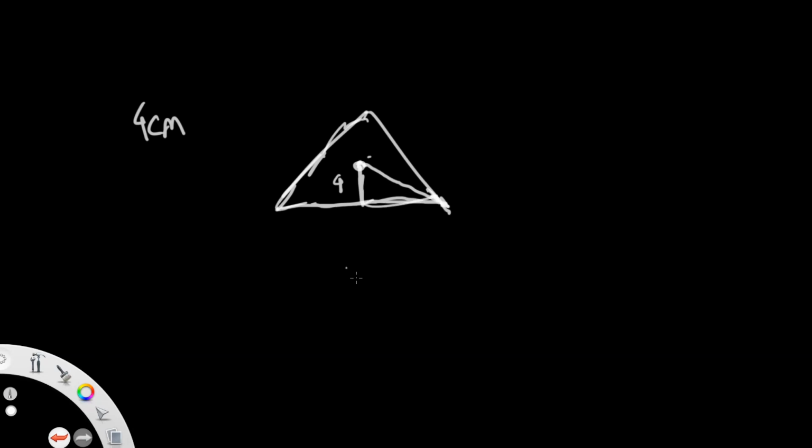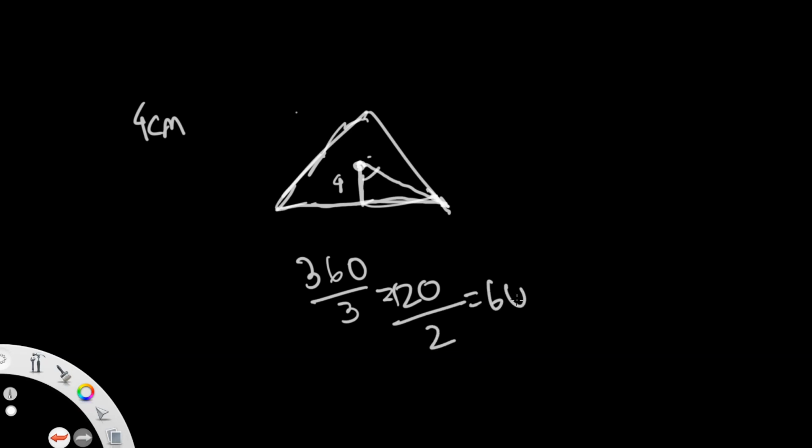Similar to how we did other problems, we can find this angle measure by first doing 360 divided by 3, which gives us 120, since it's a triangle with 3 sides. Then we divide that by 2, which is 60 degrees, to get this measure.